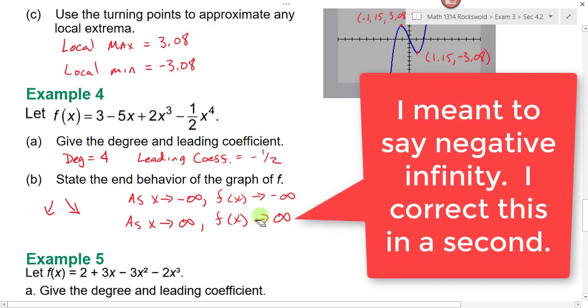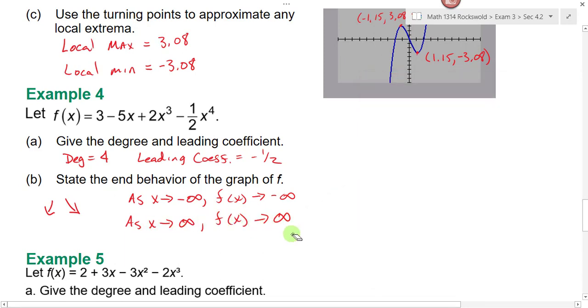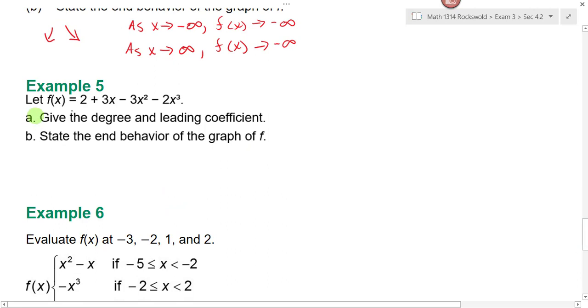These arrows here just tell you what these x's and y's are approaching. So here, as x goes to negative infinity, y is going to negative infinity. As x goes to positive infinity, y is going to, that should be negative infinity. So the y's are going in the same direction towards negative infinity as the x's approach both positive and negative infinity.